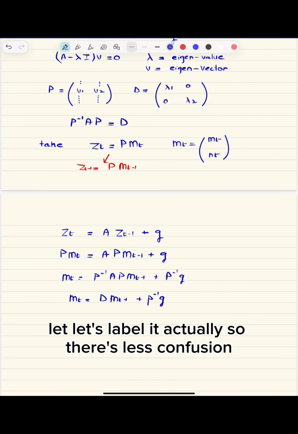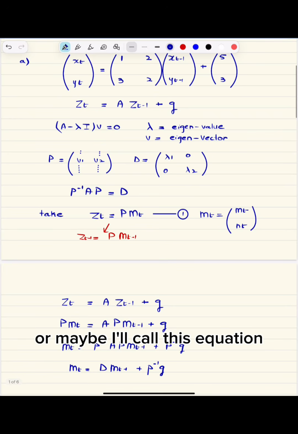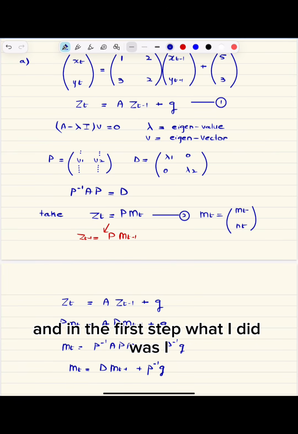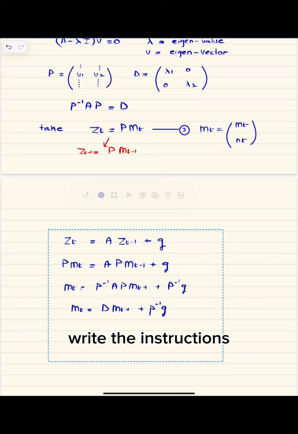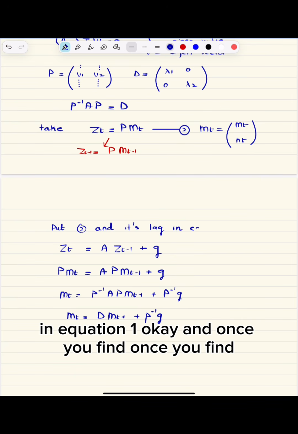Let's label it so there's less confusion. I'll call the first one equation 1 and let's call this equation 2. In the first step, I put Z_t and its lag in equation 1.